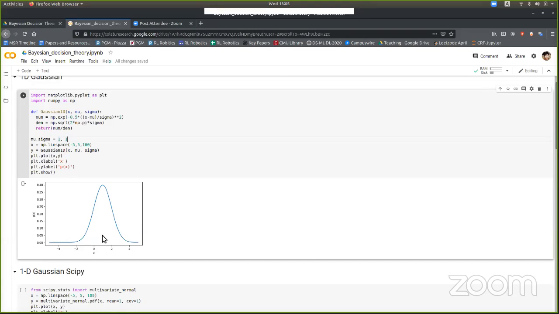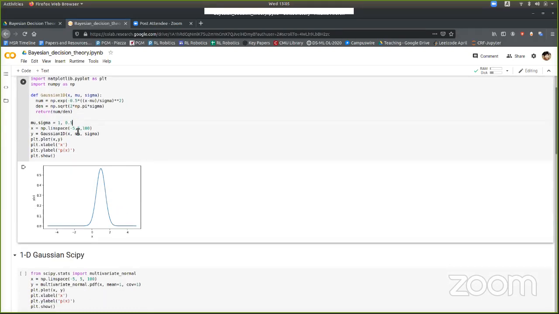You can see that the peak is at 1 because the mean was 1. Sigma squared is called the variance, so sigma is the standard deviation, and that determines how wide your Gaussian looks. Say if I make it 3, it becomes a wider Gaussian. And if I make it low, then it becomes a narrower Gaussian.